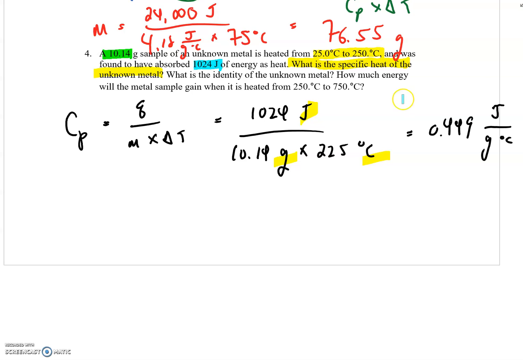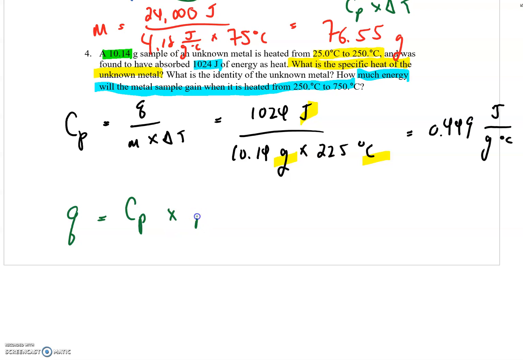It says, how much energy will the metal sample gain when it is heated from 250 degrees Celsius to 750? So let's put this equation back into our version 4, calculating Q, that's joules.